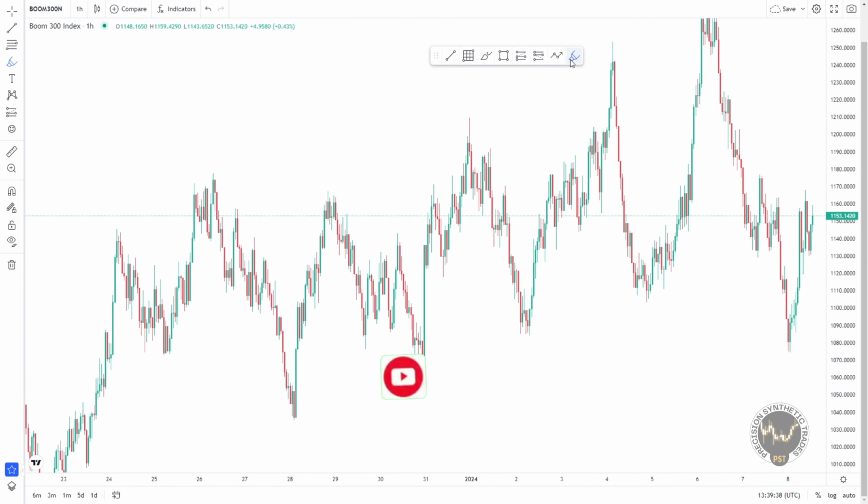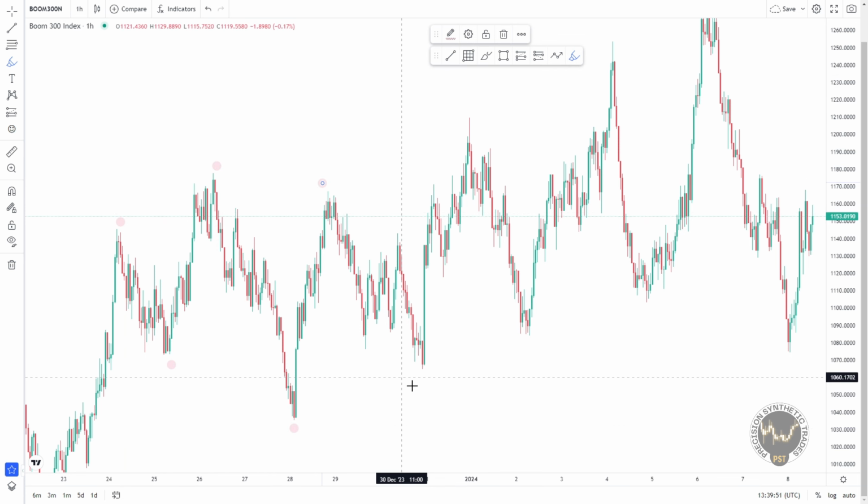Alright, so let's have a look at Boom 300, the 1 hour time frame. As you can see, we have a high, low, high, low, high, low, high, low, high, low. Let's just see what's happening here.